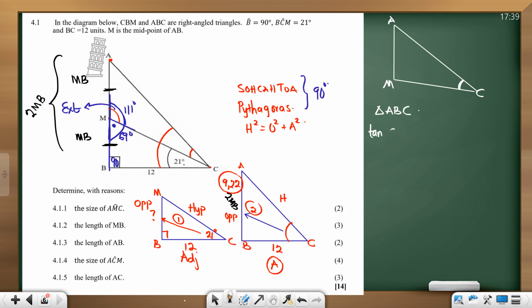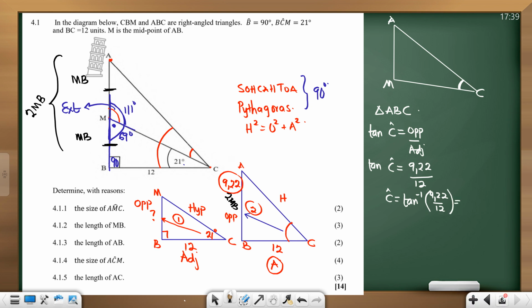Tan C is opposite over adjacent. What's my opposite? 9.22. What is my adjacent? 12. What is C? It is the arctan. Remember? 9.22 over 12. That is the whole of angle C.